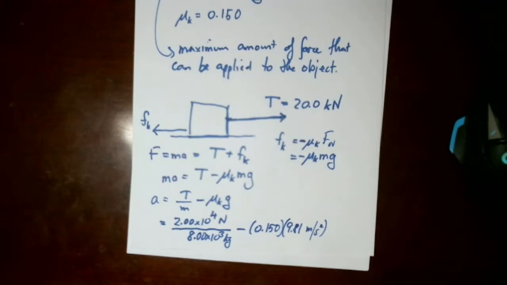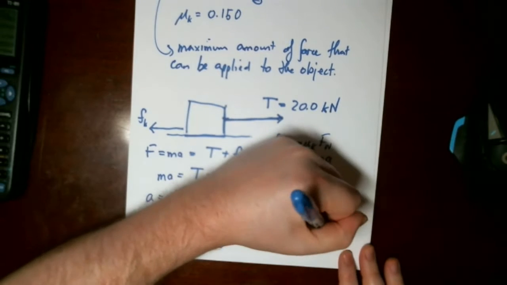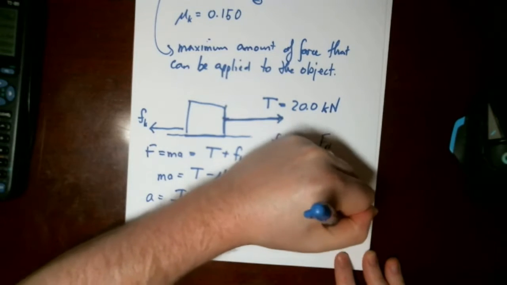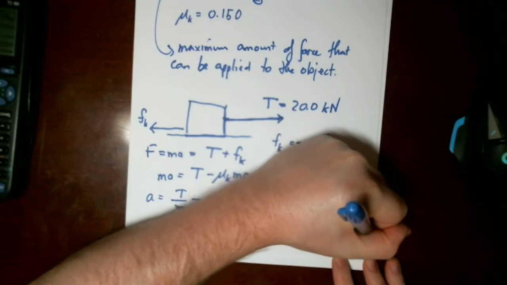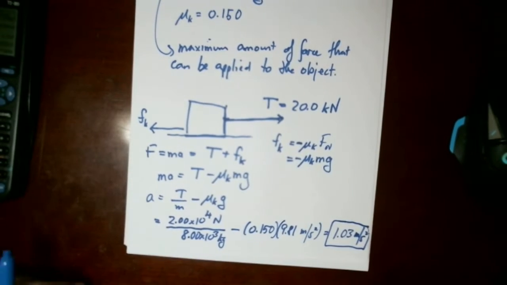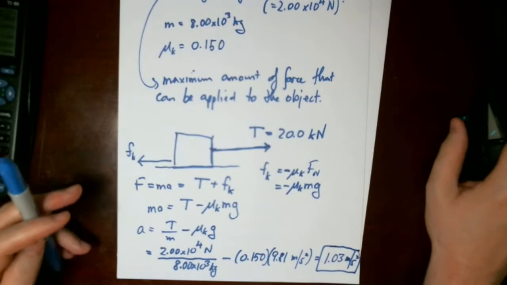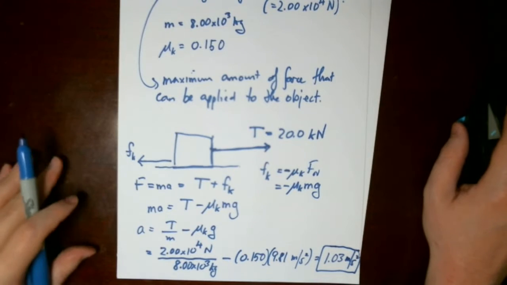When we plug all those numbers in, we get an acceleration of 1.03 meters per second squared. So we cannot accelerate this object faster than that, or the steel cable will break, and really bad things can happen when steel cables snap under that much tension.